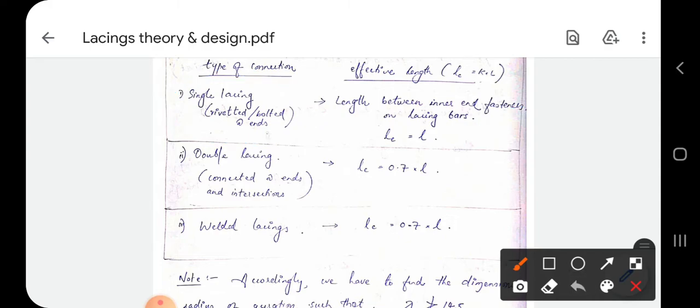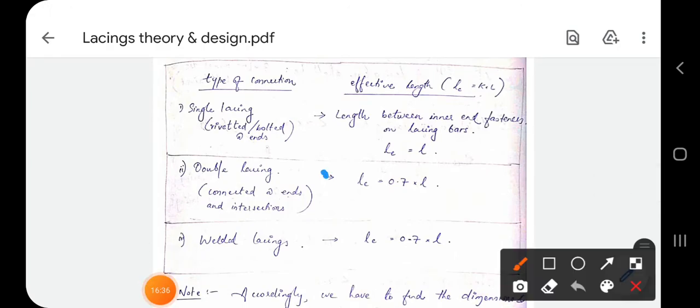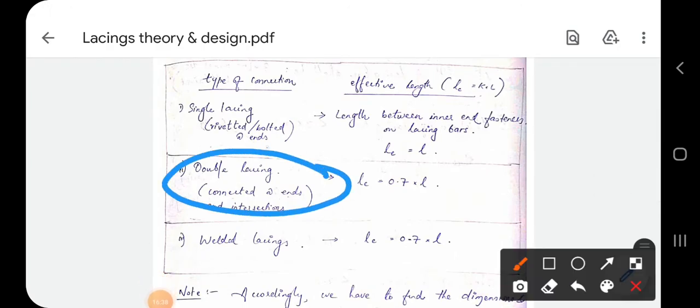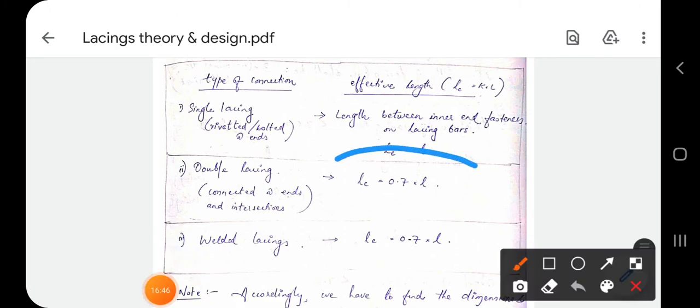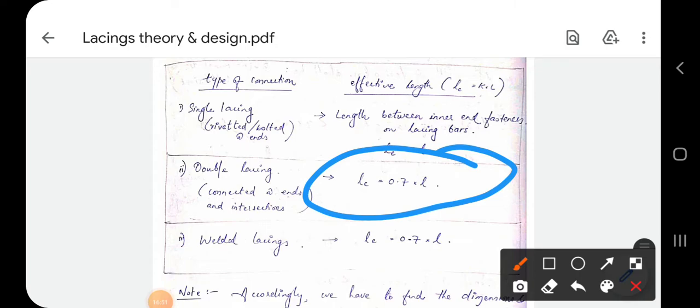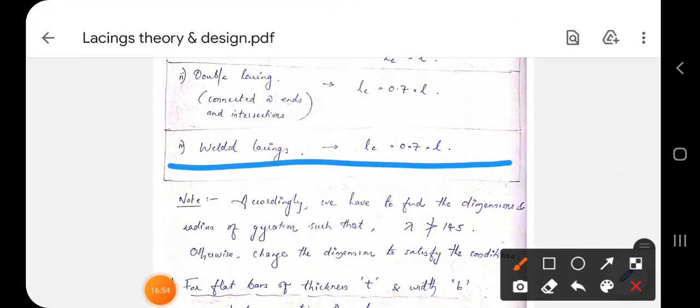On the other hand, if it is a double lacing system and the ends are connected by riveted or bolted, then effective length is equal to 0.7 times the length of the lacing bar. And if the lacings are welded, then also effective length is equal to 0.7 times the length of the lacing.